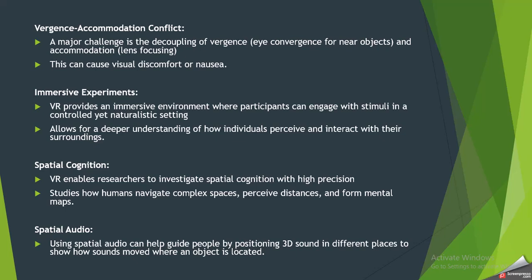It has to make a jump from left to right or right to left, etc. So these things also we should take into consideration, like how we humans navigate complex spaces and perceive distances. The same way we should develop the AR VR experience too. So the spatial cognition also we should take into consideration.